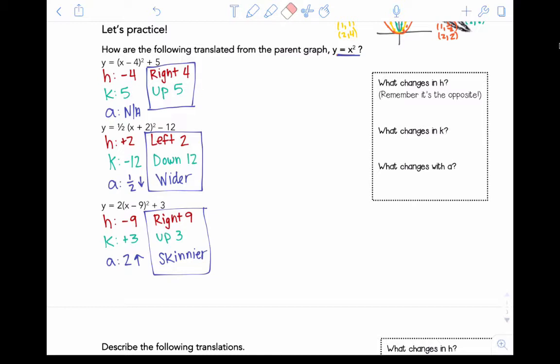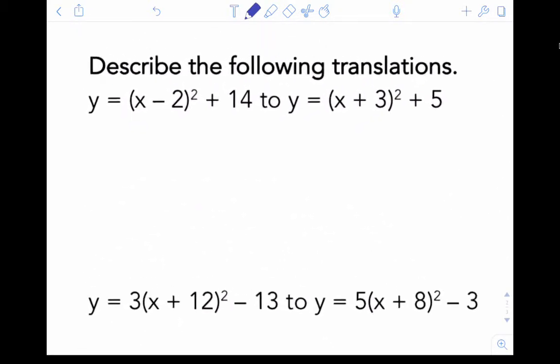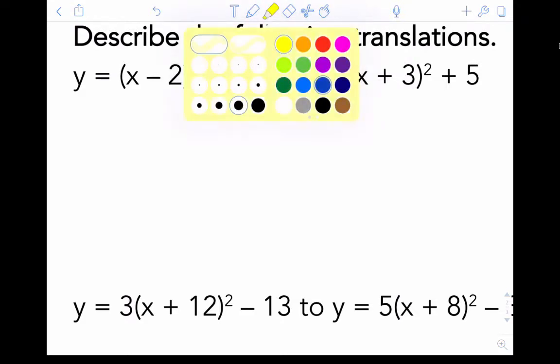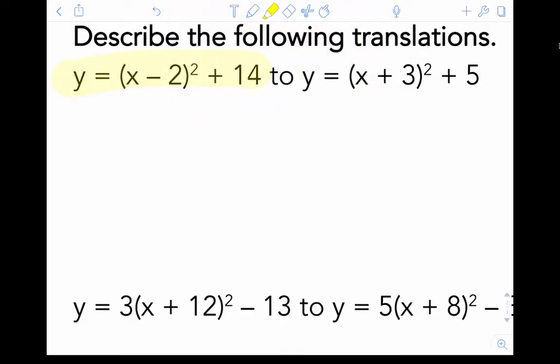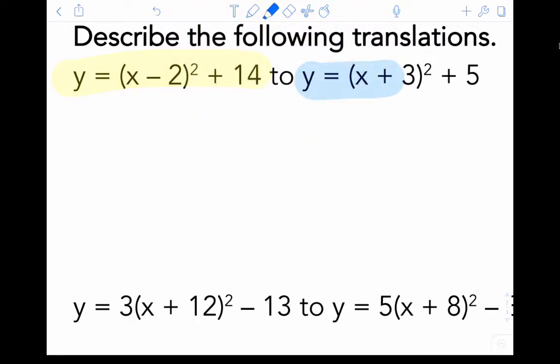All right, let's go ahead and take this type of problem to another level now. So now we are still describing the translation, but now we're going from one not necessarily parent graph to another graph. So on this first one, we're going from y equals the quantity x minus 2 squared plus 14 to y equals the quantity x plus 3 squared plus 5.